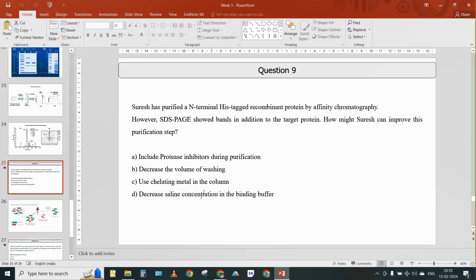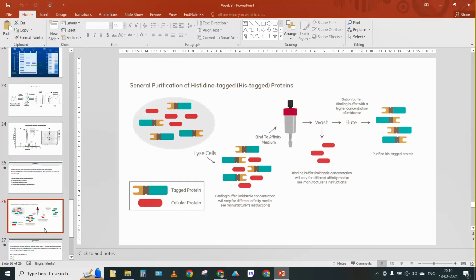Okay, so let me explain why he should have included protease inhibitor during the purification step. Suresh observed some additional bands on SDS page besides the target protein after purifying an N-terminally his tagged recombinant protein by using affinity chromatography. There are several strategies he can employ to enhance the purification step and obtain a more pure sample of the desired protein.